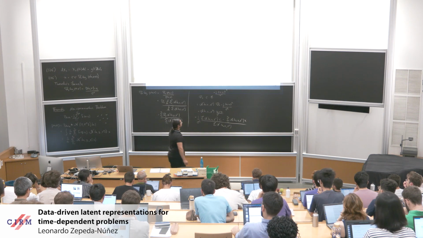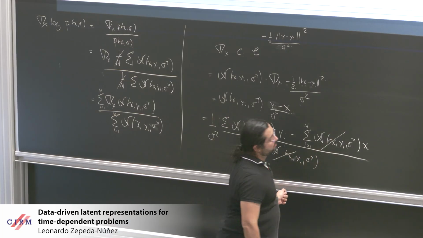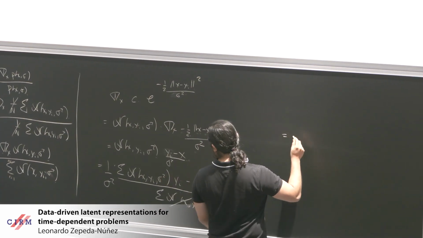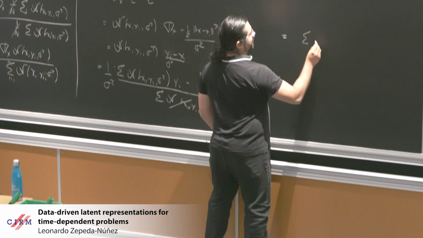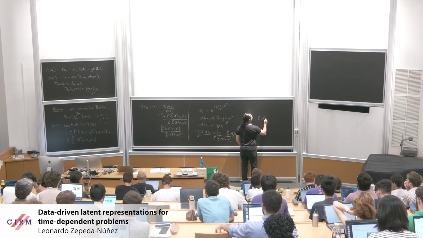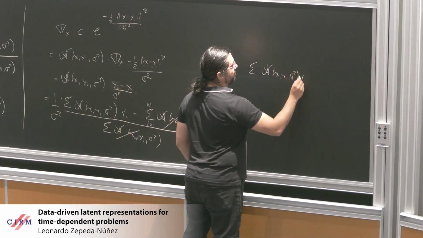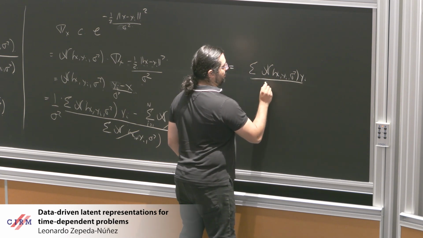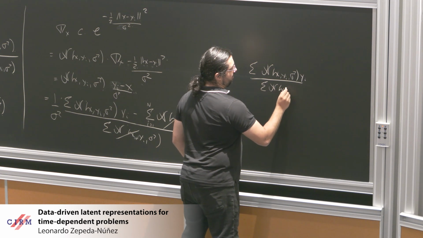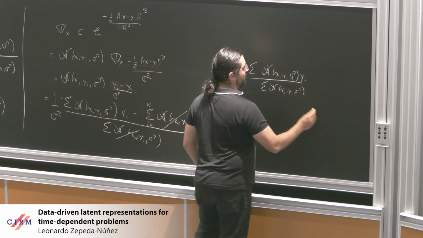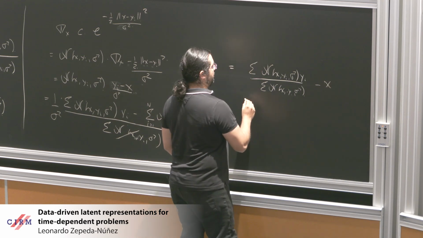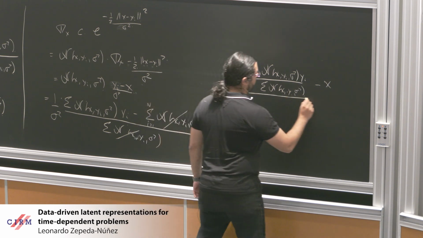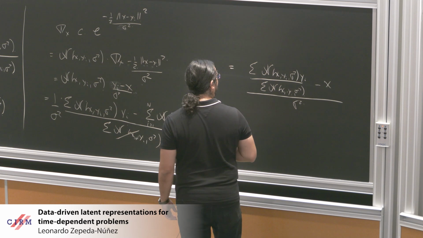Again, what you can do is simplify this a little bit further. You eliminate this, and what you have at the end is basically this. You have the sum of all these Gaussians N of x, yi, sigma square, times yi, divided by the sum of N of x, yi, sigma square, minus x, and everything divided by sigma square.